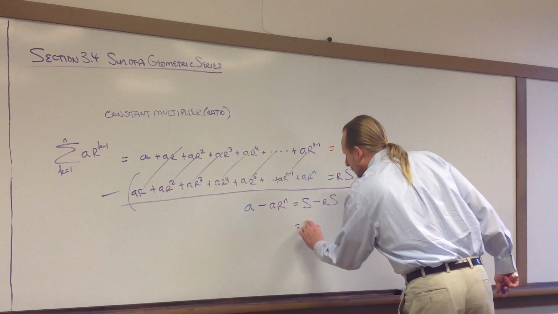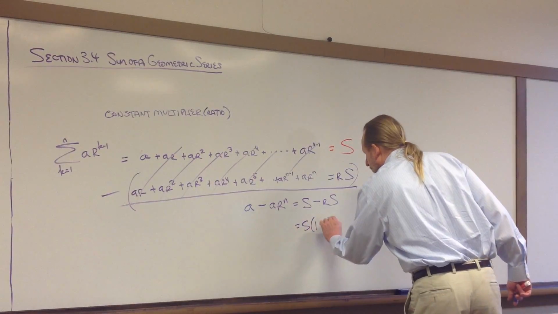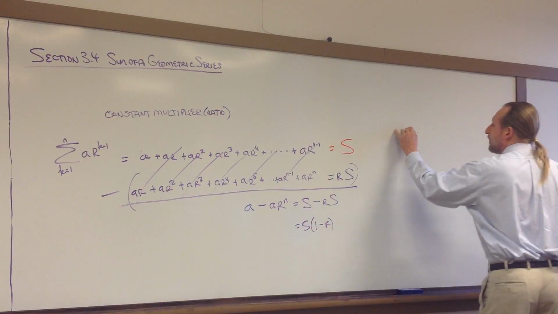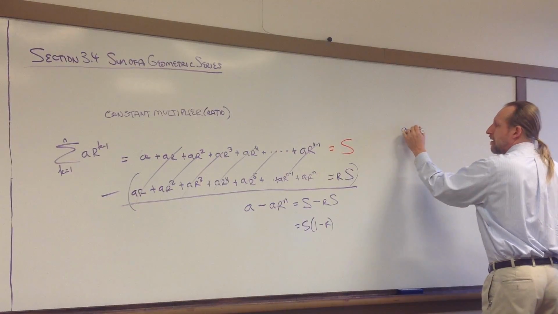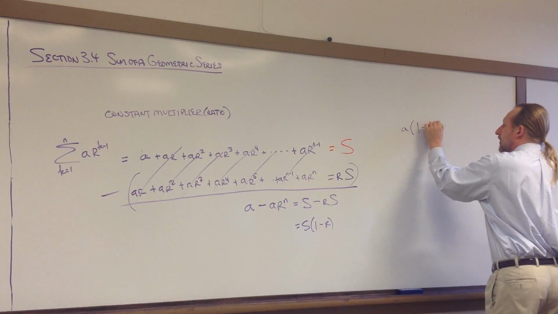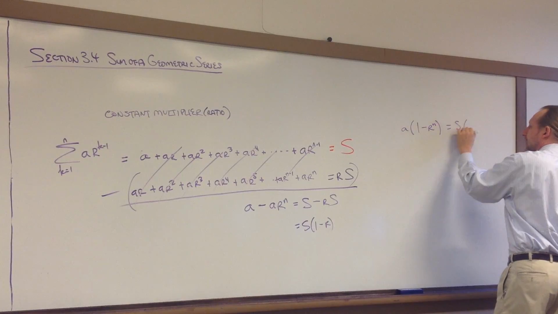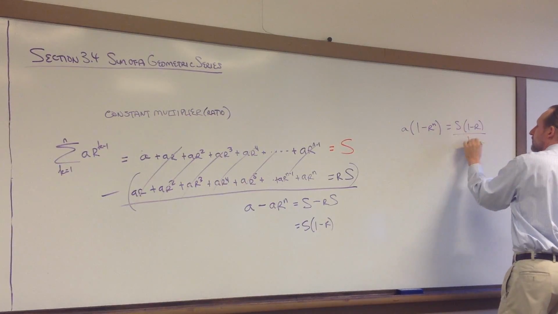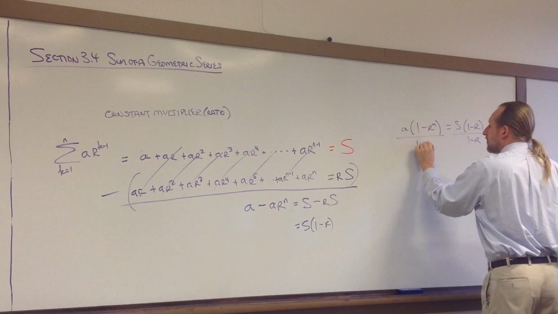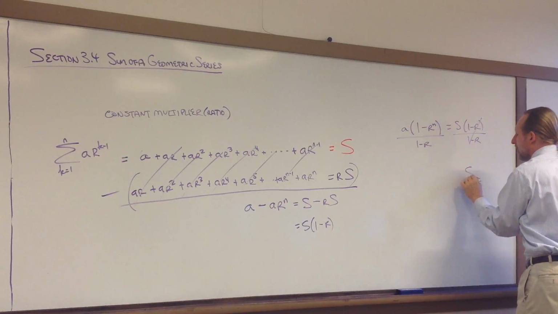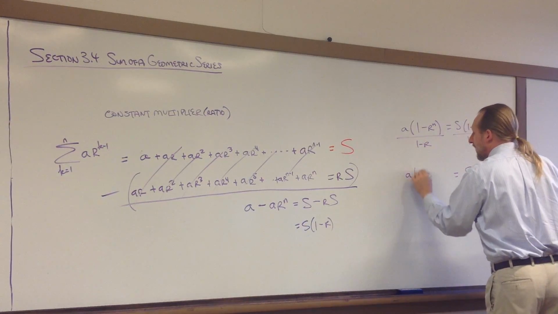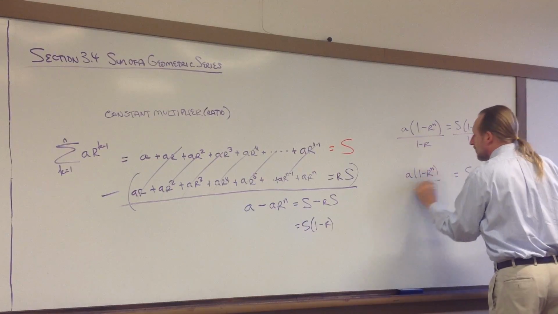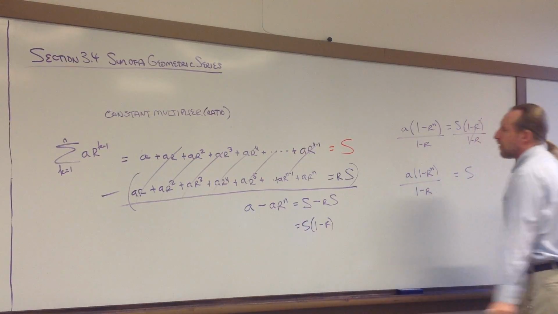Now, factor out the s. That'll give you 1 minus r. So now we've got a times 1 minus r to the n equals s times 1 minus r. Divide on both sides by 1 minus r, and our sum is a times 1 minus r to the n over 1 minus r.